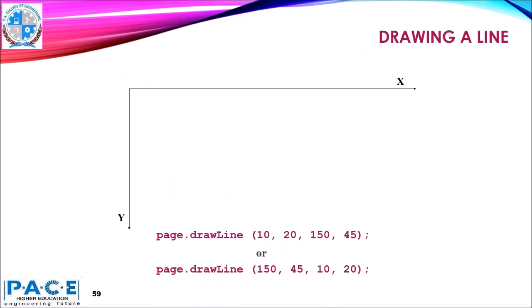Okay, so let's see. If you want to draw a line, then for that we call the method drawLine and we specify the two ends of the line. So the coordinates of the two endpoints we are specifying over here. In this case, let's say 10, 20 is one point, then after that 150 and 45 is another point.